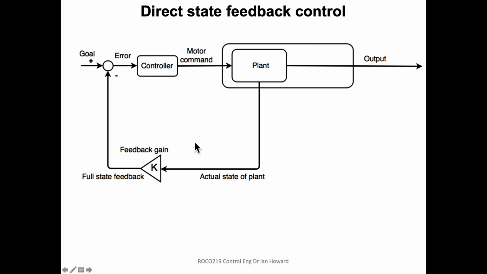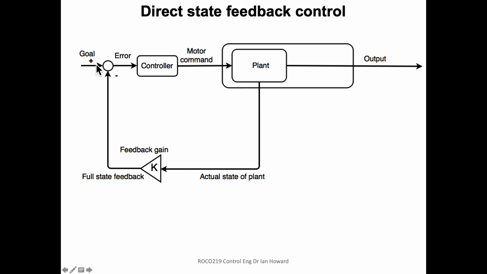If we had a direct state feedback controller, we'd have a goal that we want the system to achieve, and if you just look at the feed forward path to start with, you might scale it, you might put it through some kind of function, but basically it goes straight into the plant, maybe modified a bit, and generates an output. And if we had full state feedback control, we'd get the full state from the plant, we'd multiply it by K, and then we'd take it away from the input. This would be our full state feedback coming through here.